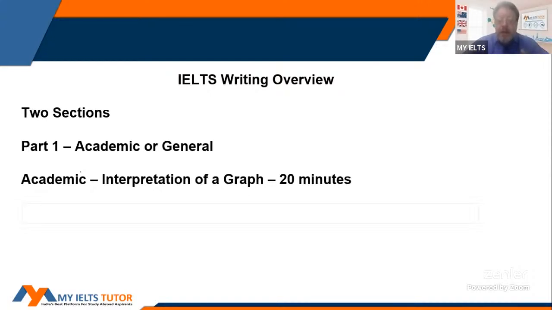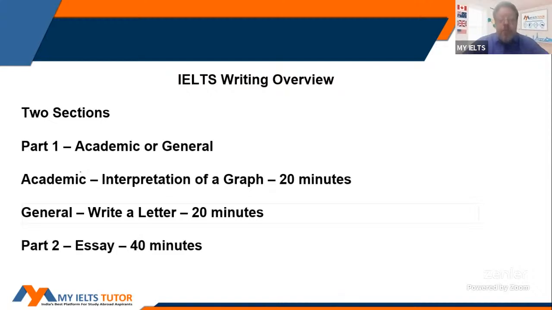And that's 20 minutes long, okay? You have a total time of 20 minutes. If you're taking general IELTS, then of course you have to write a letter. Again, that's 20 minutes as well. And then for part 2, whether you're taking academic or general, part 2 is always an essay, and that's always 40 minutes.